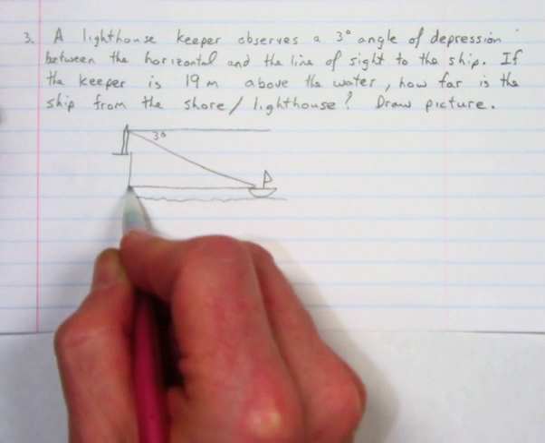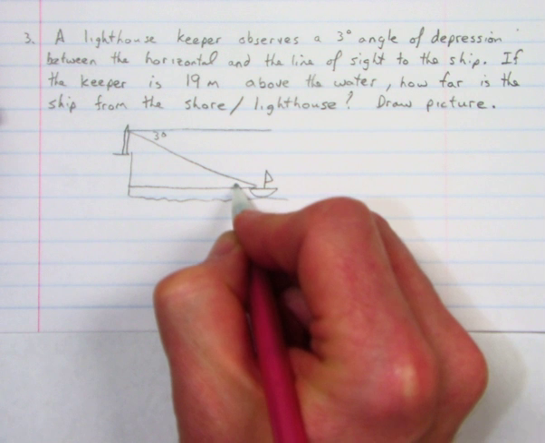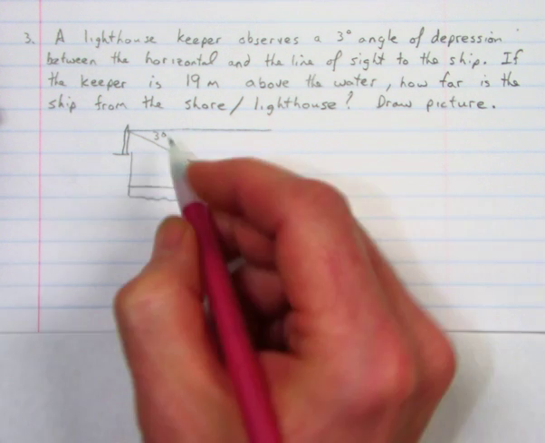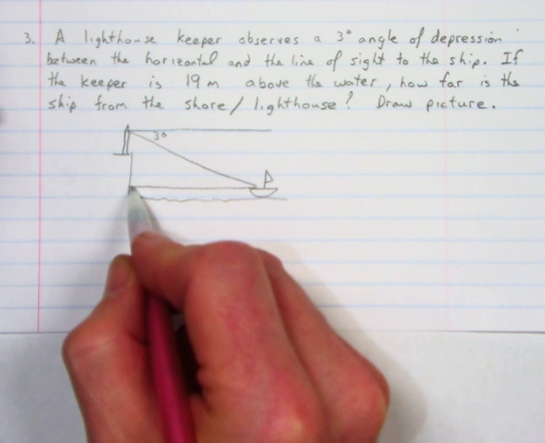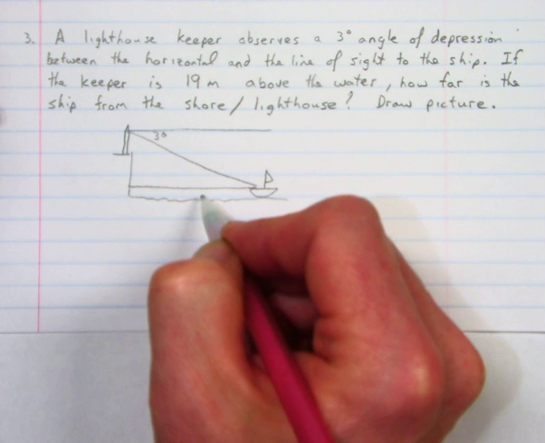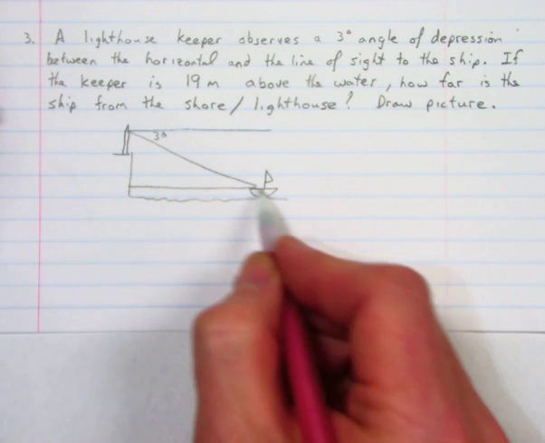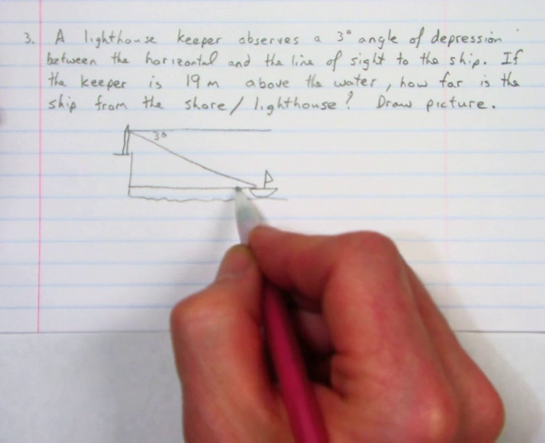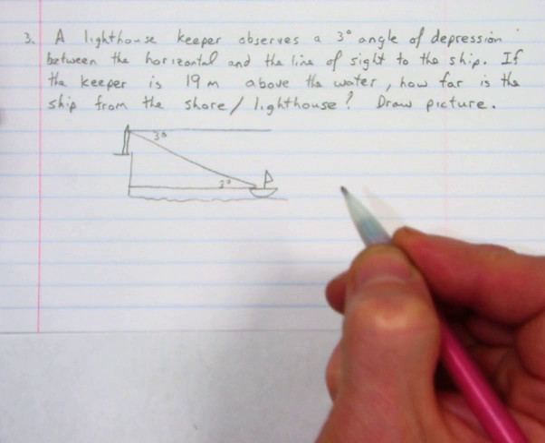We could, A, draw another line across and figure out what this angle is. This is going to be directly across, so it's a horizontal line, and we have another horizontal line. When we have two parallel lines cut by a transversal, a third line, alternate interior angles are congruent, so this is 3 degrees.